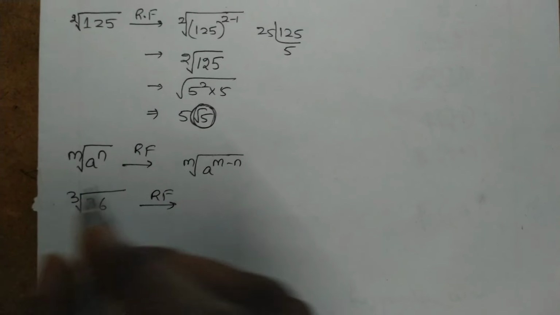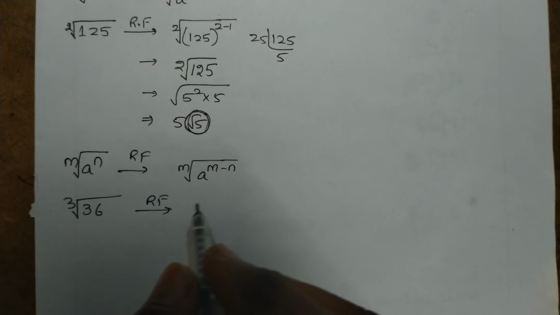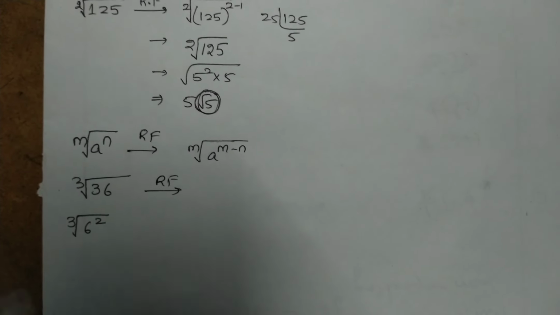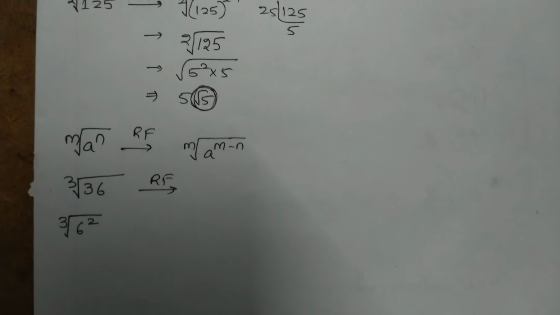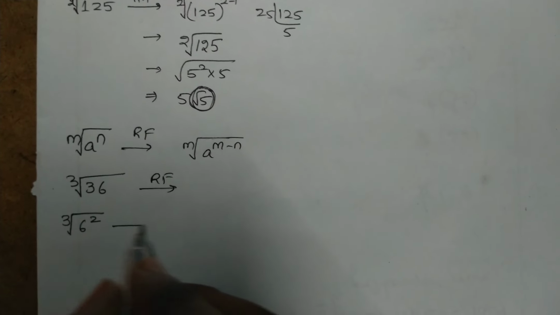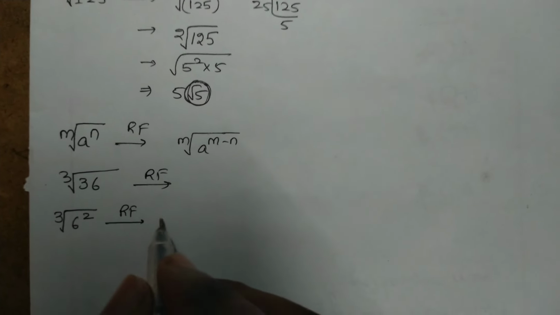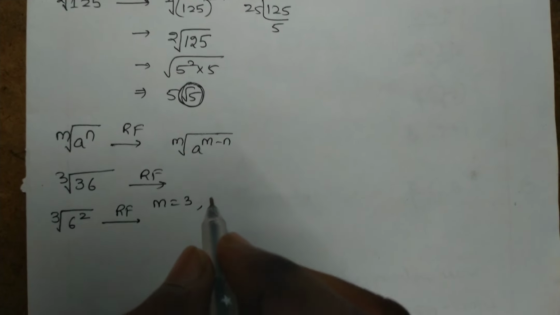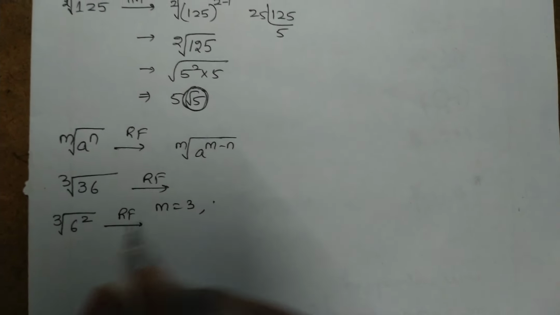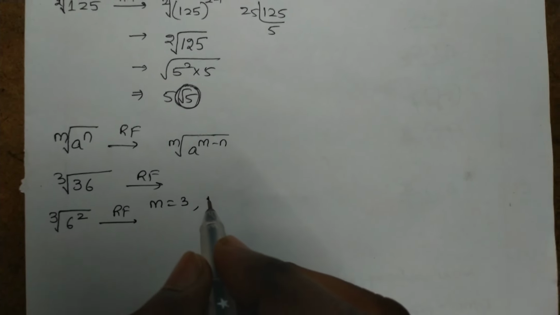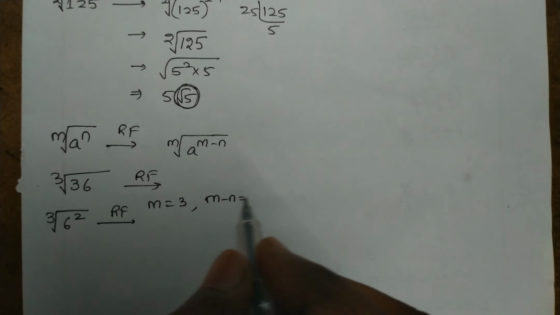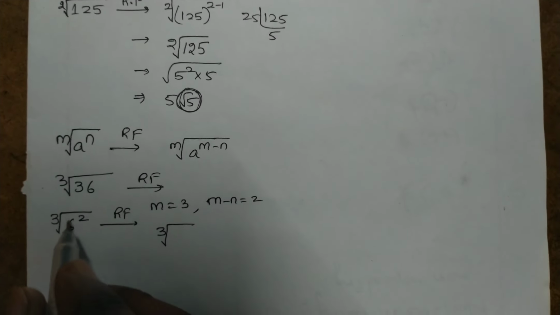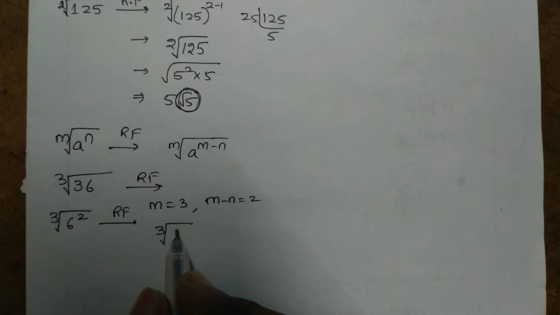Here what is the m value? The m value is 5. 36 can be written as 6 square. Now apply this formula. Here m is 5, n is 2, so m minus n is 3.